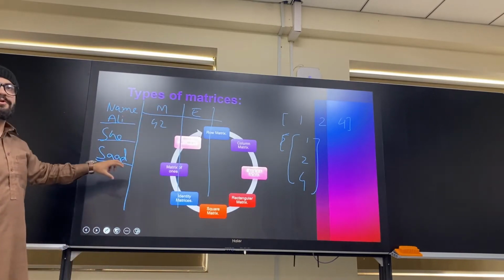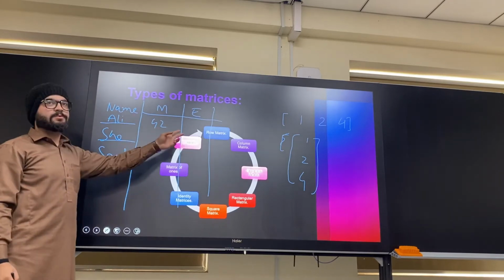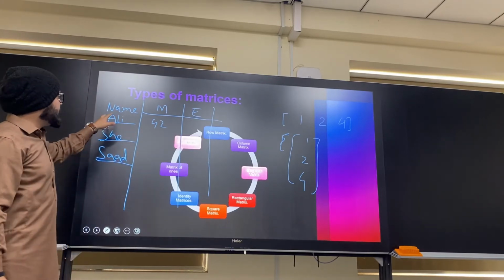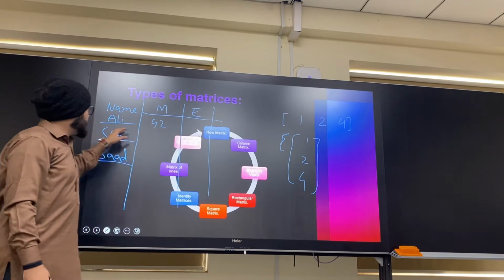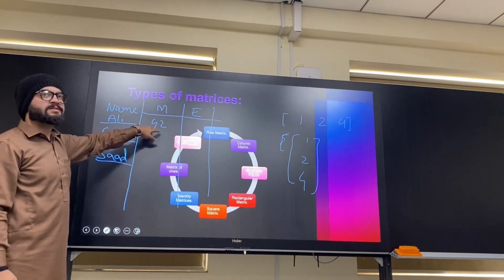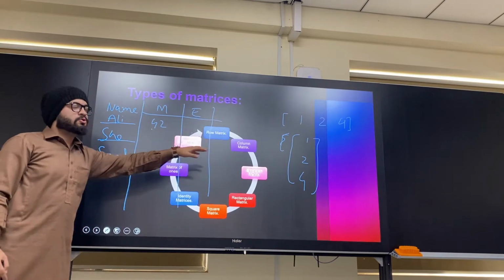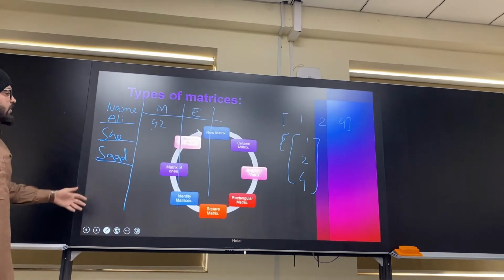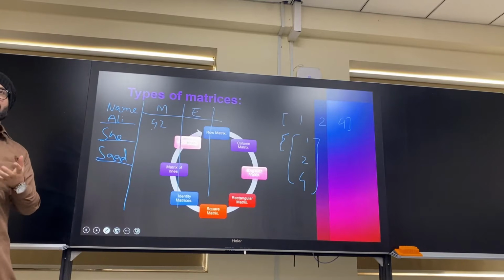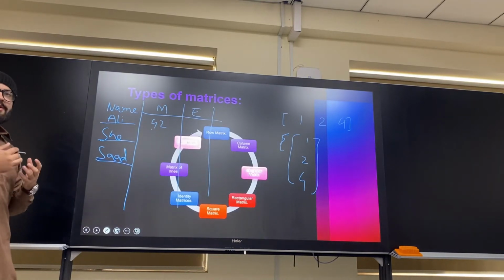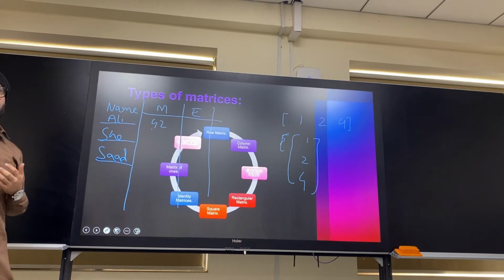So there are whole different things. But when you're looking at rows, you can see association with each other. Here, Ali, and then what is his marks in maths, what is his marks in English, and so on. So we can say that in columns, there are different things of one kind. But in rows, those things are connected to each other through different associations.